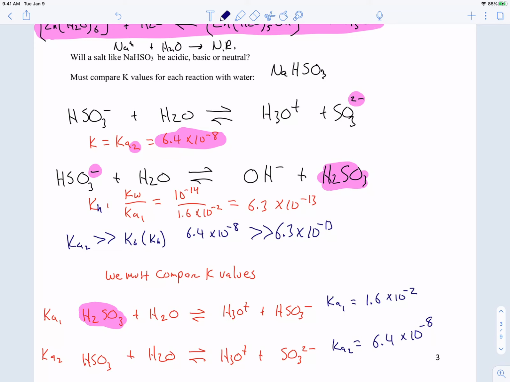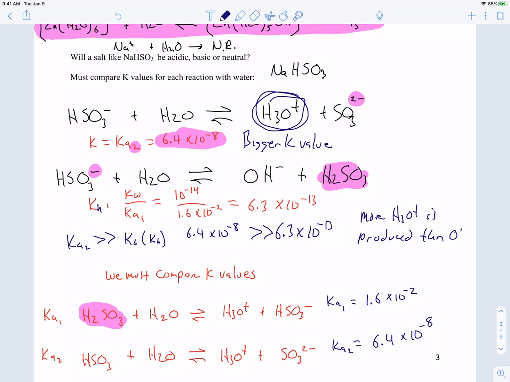So in this reaction, which has a bigger K value, for that equation, so it wins, so to speak. So more hydronium is produced than hydroxide, so it will be acidic.